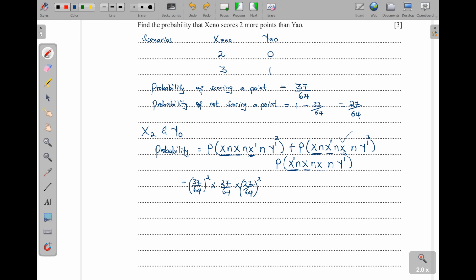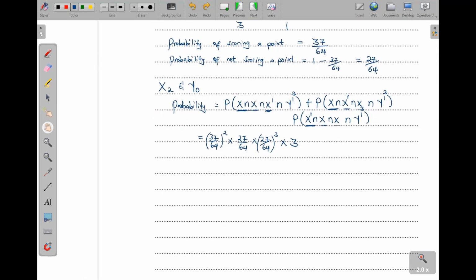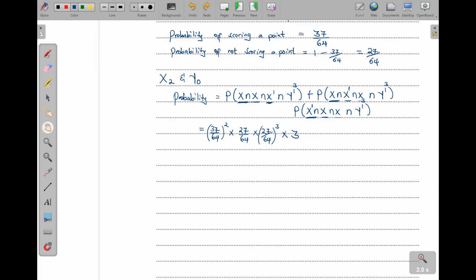Okay? So what do I need to do? There are three possibilities. So I will just say this one times 3. Okay? As simple as that. Because I'm going to have the 37s, 2 of them here. Then the 27s over 64 will be to the power of 3. They will be appearing 3 times. So that is what we are going to have there. Now, what does this one give us actually? So let's check it out.